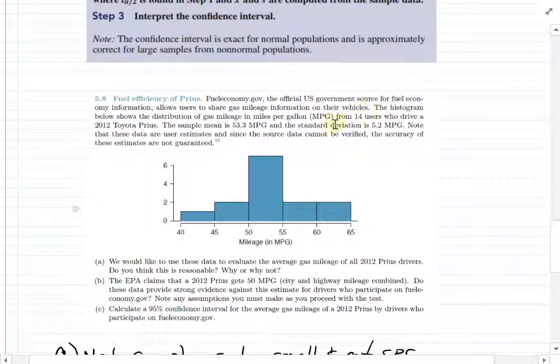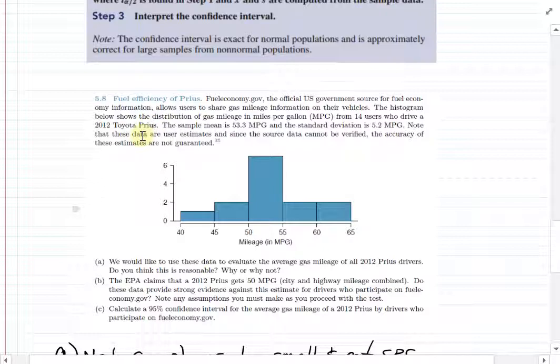Apparently, you can go to the site and input the MPG, the miles per gallon, your gas mileage yourself. The histogram below shows the distribution of gas mileages in miles per gallon from 14 users who drive a 2012 Toyota Prius. I believe that's the hybrid model.